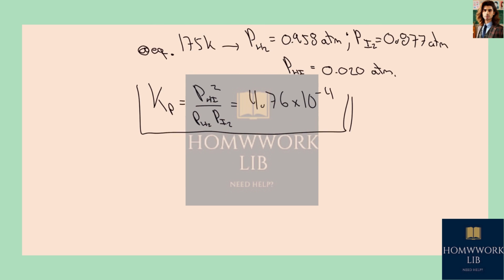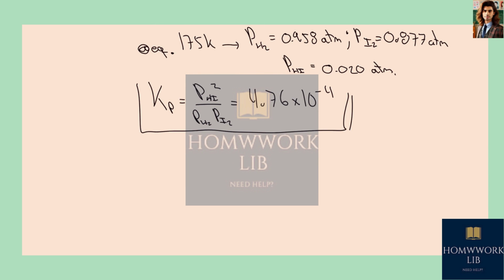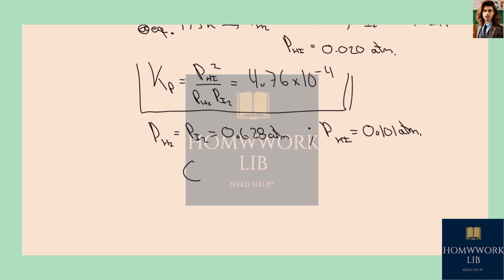Now we're given that a second reaction mixture, also at the same temperature, is going to have the following pressures. The pressure of H2 is going to be equal to the pressure of I2, equal to 0.628, and the pressure of HI is going to be equal to 0.101 atmospheres. So with this information, we can calculate the reaction quotient in terms of pressure, which is very similar to the one for Kp, but in this case, we're considering that the reaction is not at equilibrium.